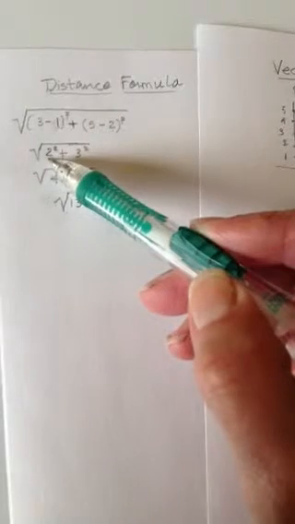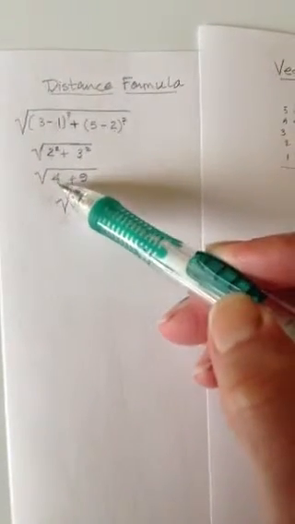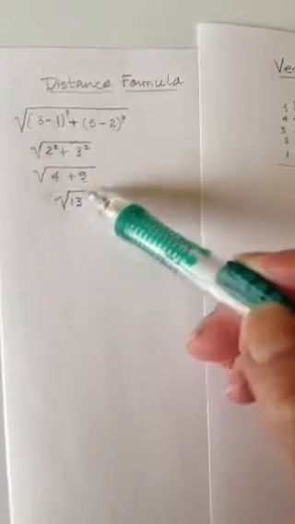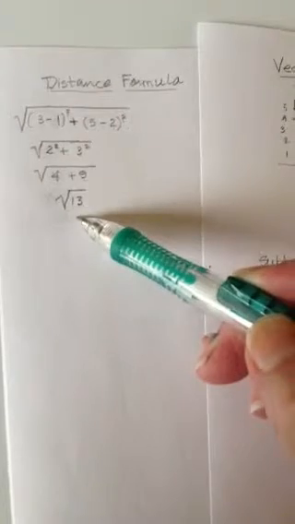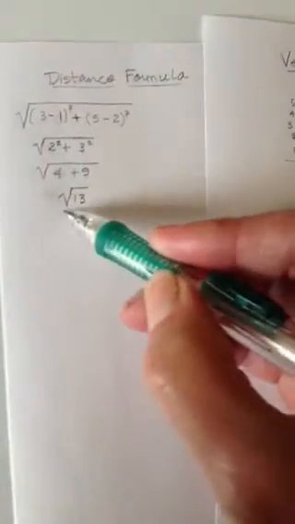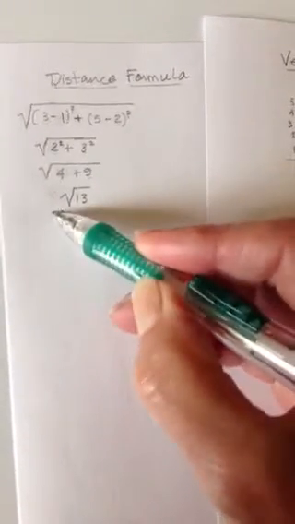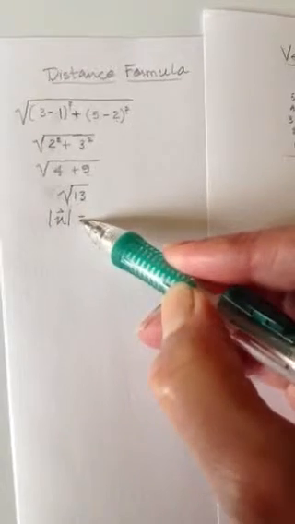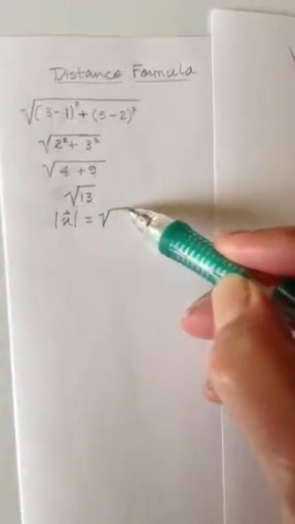You're going to get 2 squared plus 3 squared. 4 plus 9 is 13, and you've got the square root of the whole thing. So therefore, the magnitude of u is the square root of 13.